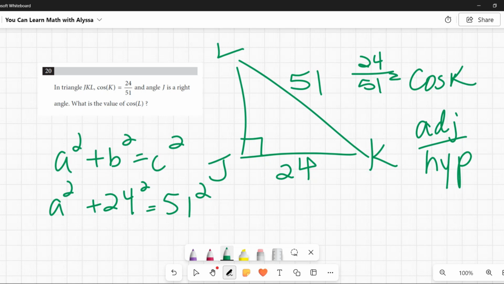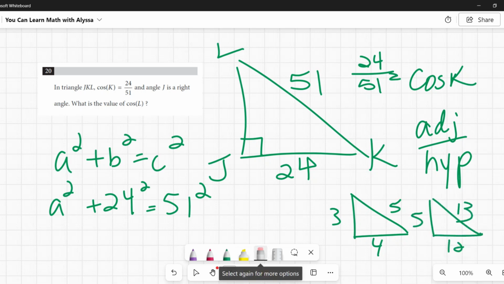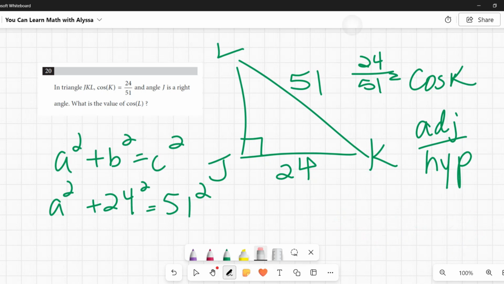Sometimes with these right triangles, it's beneficial to look and see if it might be a Pythagorean triple, meaning one of our common triangles that has those nice round numbers like 3, 4, 5, or 5, 12, 13. There's a few of them, and if you want to learn those, they can save you a little bit of time. In this case, I looked at them and I said, these are both divisible by 3. 51 divided by 3 is 17. 24 divided by 3 is 8.